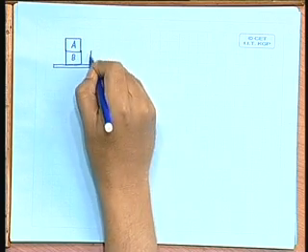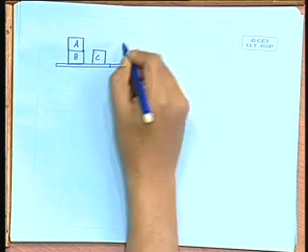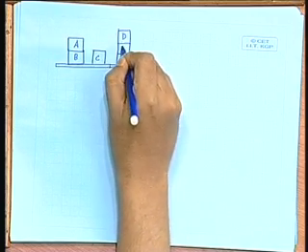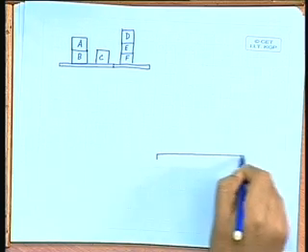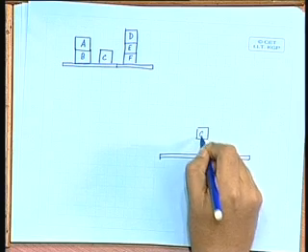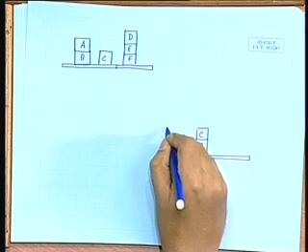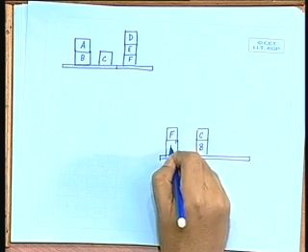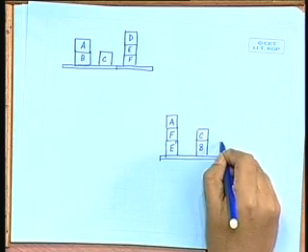Suppose I have something like A, B, C, and then D, E, F, and then maybe the configuration that I want to reach at the end is C on top of B, then I have F, E, A on top of it, and maybe D lying here.